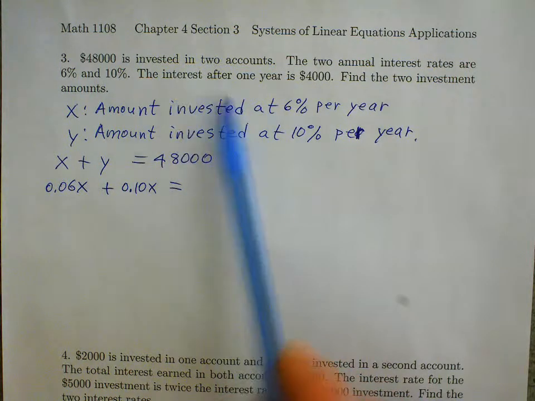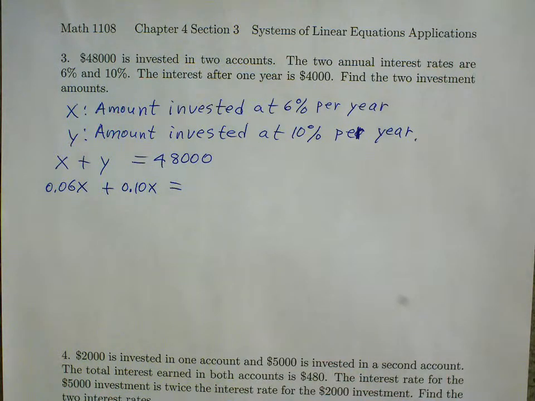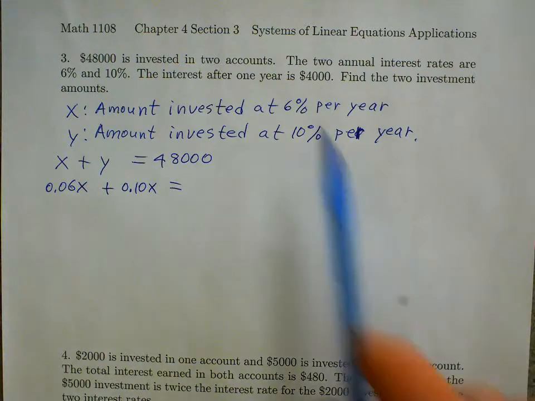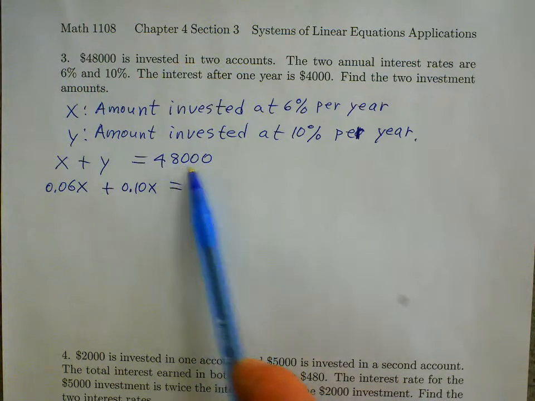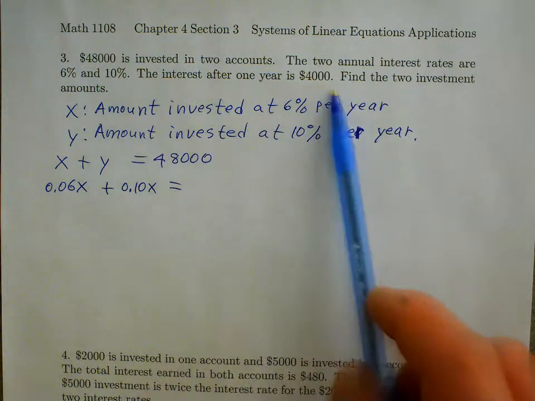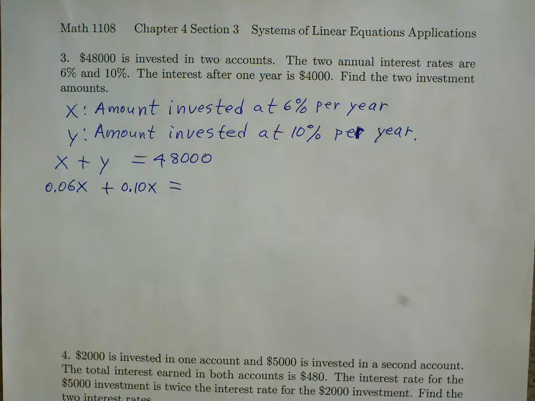We're not told what the individual interest rate is on the $48,000. We're told what the amount of interest earned is. So we're not given a percentage about the total of $48,000. We're just told explicitly that $4,000 of interest is earned.